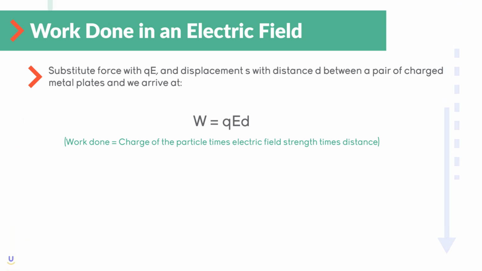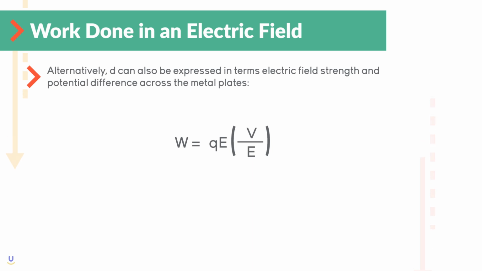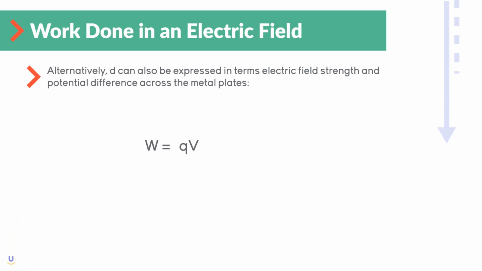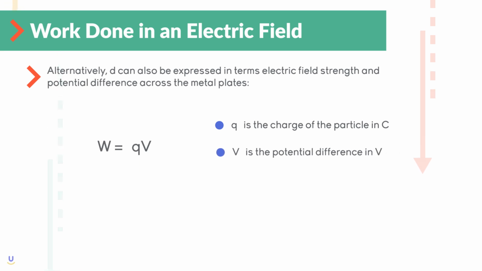Alternatively, d can also be expressed in terms of electric field strength and potential difference across the metal plates. d is equal to V over E. When you substitute this back into the work equation, we get W is equal to QE in the brackets V over E. By cancelling both E's, we get W is equal to QV, where Q is the charge of the particle in coulomb, V is the potential difference in volts, and W is the work done in joules.